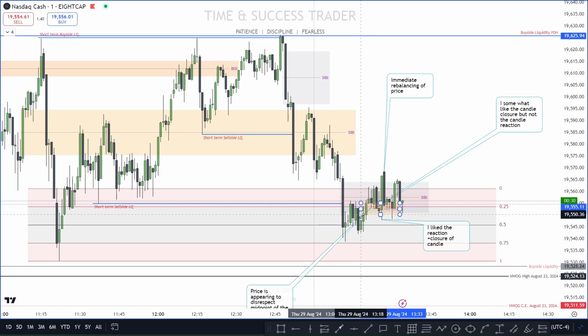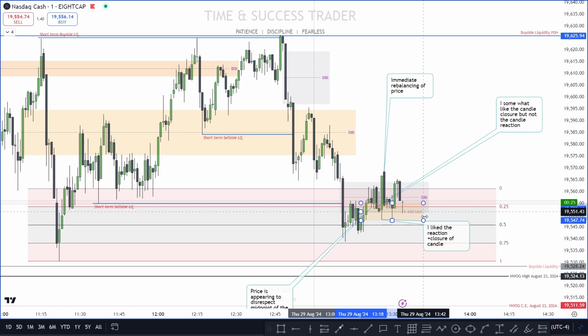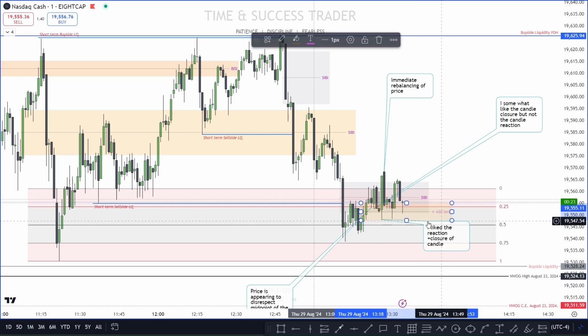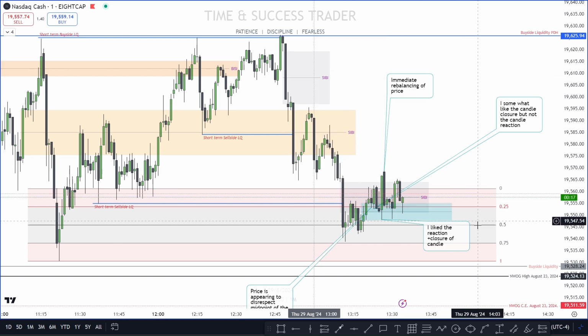I think we should catch this area into it too, because we're stuck between this area, and it's a nice little volume imbalance. Call it a volume imbalance. Let's make it lower right there.